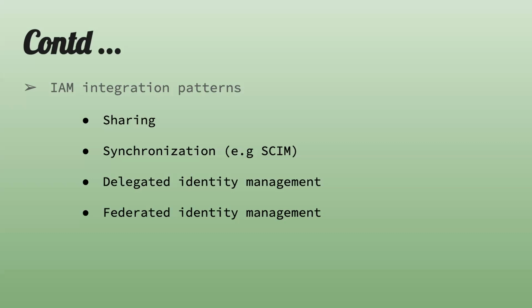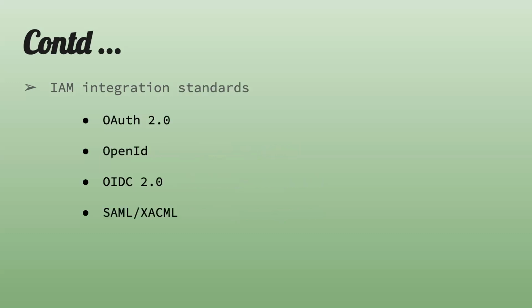For example, we have institutional login in the Cyberwater gateway, and that works on federated identity because the user logs into the identity provider of their institution, but it allows the gateway, which is deployed in a separate domain, to log the user into the system. That's federated identity management. These integration patterns are basically developed on top of different standards.